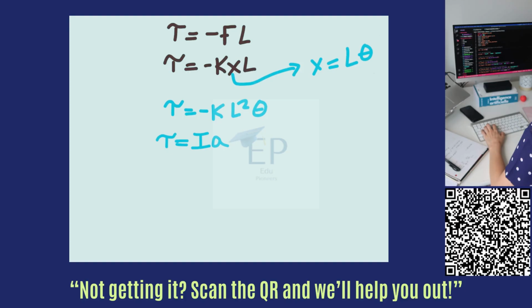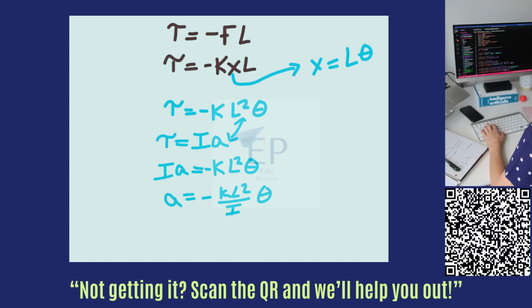So we can now put these two equations together, and we have inertia times acceleration equals negative k L squared theta, and we can solve for acceleration, which equals negative k L squared divided by I times theta.